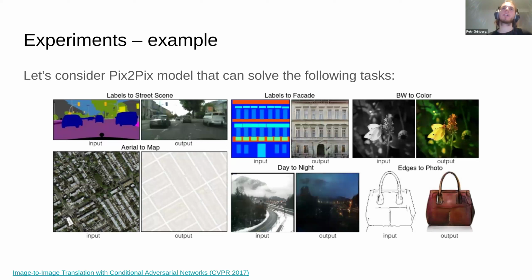And let's look at the concrete example. So there is a paper called Pix2Pix. No, it's not called Pix2Pix, it's called image-to-image translation, but the architecture is called Pix2Pix. And this is a single architecture that you can train to do several tasks.